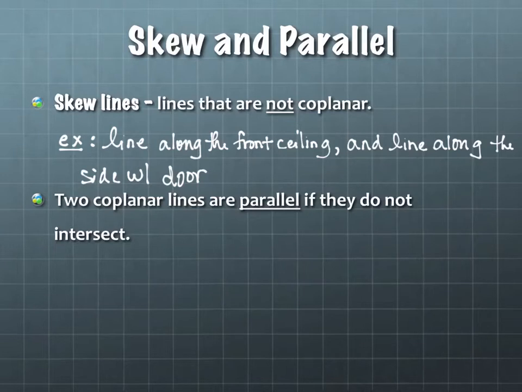Now, if you have 2 coplanar lines that don't intersect, like I just described one that did intersect, but you have 2 coplanar lines that don't intersect, then they're actually parallel. So, and again, we'll write an example down with a visual for our classroom. Again, our line along the ceiling, I'll call it the front ceiling again.